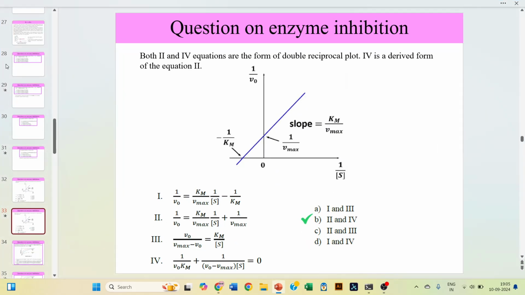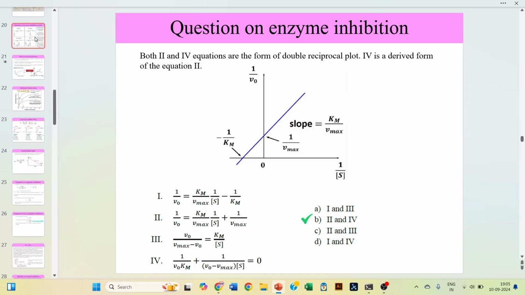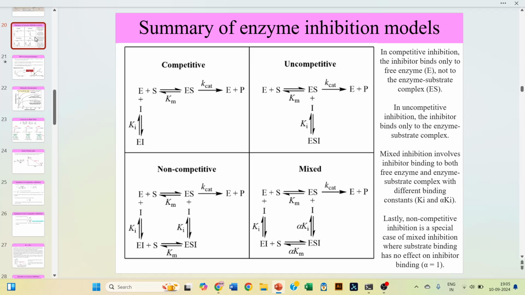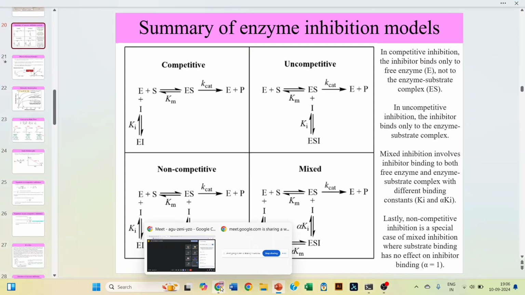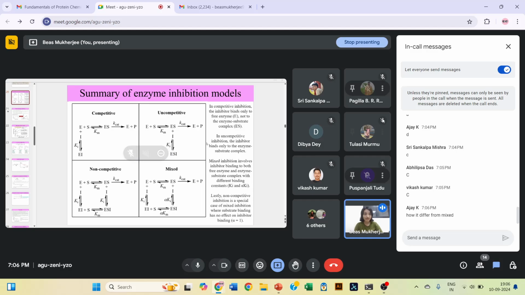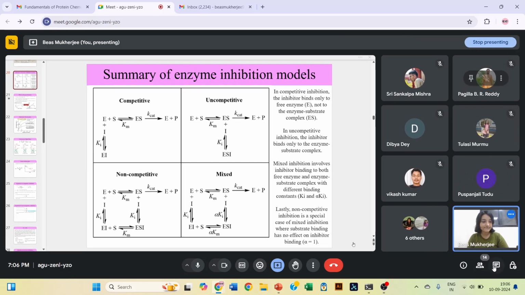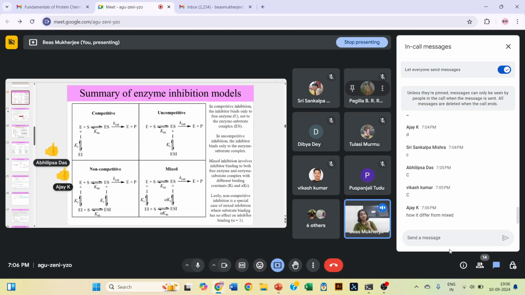Okay, great. So the question is, how is a non-competitive inhibitor different from mixed inhibition?